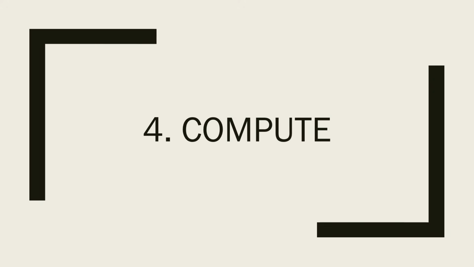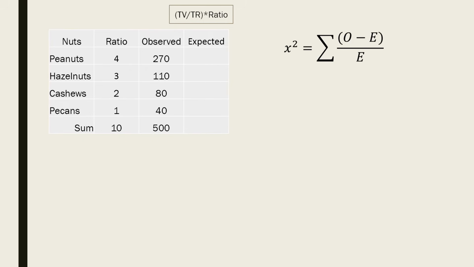Okay, so when we start to compute, we have to first obtain our expected values. We could not proceed with our computation without one of our variables. To obtain our expected values, it's simply the formula of TV, which is total value, divided by total ratio, times the ratio individual.